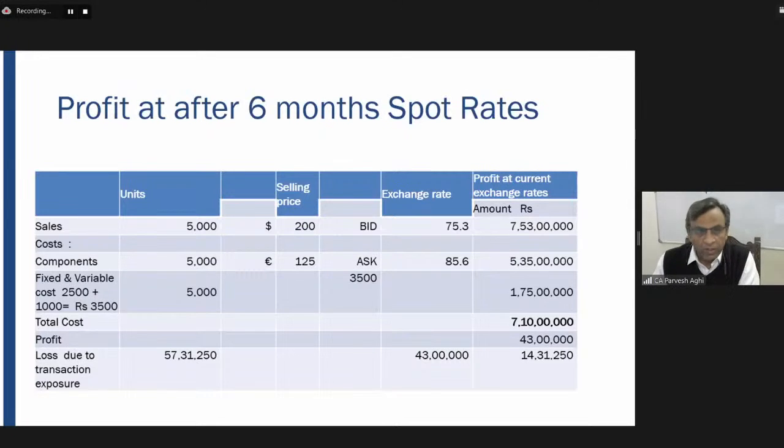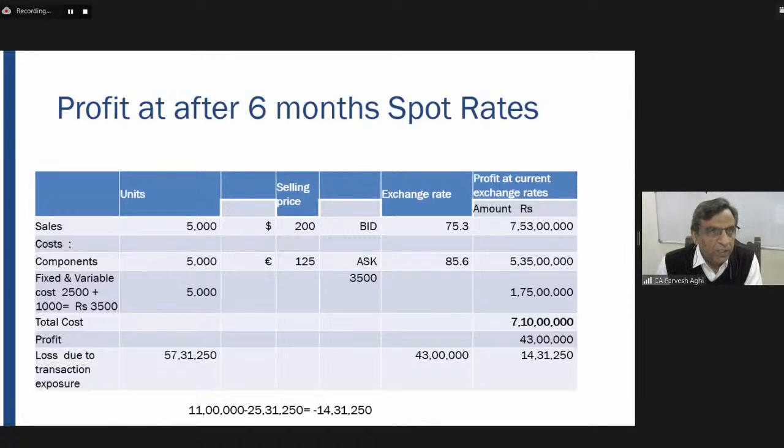If you look at the explanation again, the profit is coming from the exports, but he is heavily losing on account of imports, which is 25 lakh 31,250. So the loss is 14 lakhs 31,000. Absolutely right, Chavi. You are bang on.